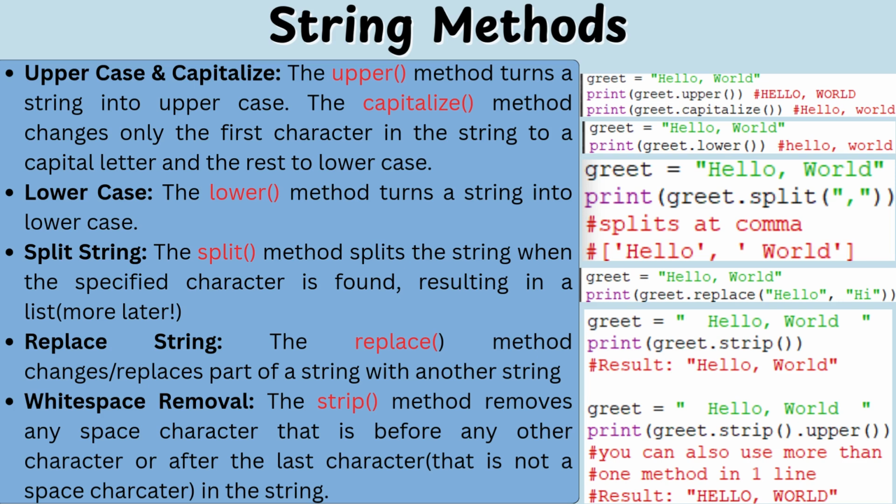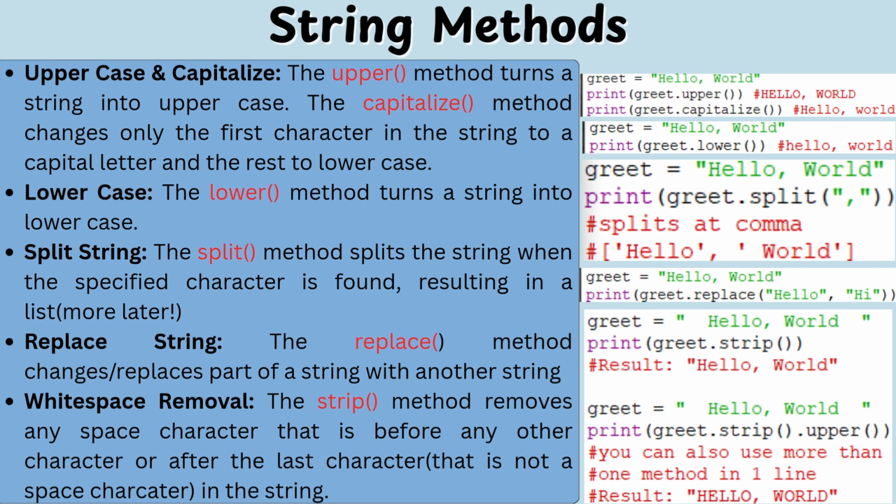Let's say I have a variable called greet equals hello world. If I put greet.upper(), which is the name of the variable, greet.upper, it returns, and don't forget, make sure that you put parentheses after the upper. And this just basically gives the same string just in capital letters.